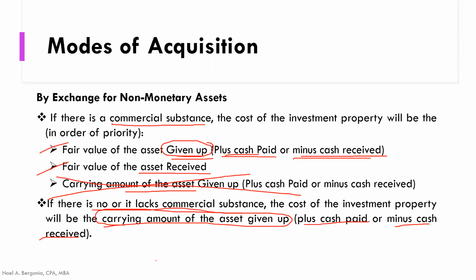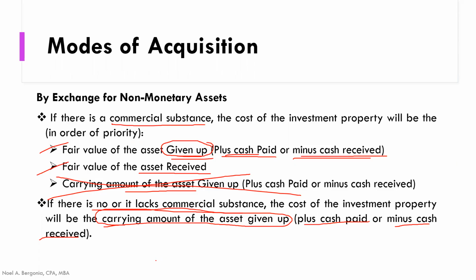Even self-construction: a self-constructed or developed property building to become an investment property will have the same cost recognition, the materials, the labor, and the interest capitalization, just like property, plant, and equipment.